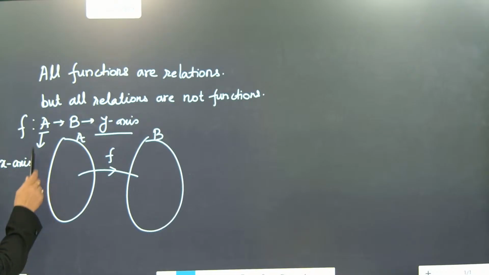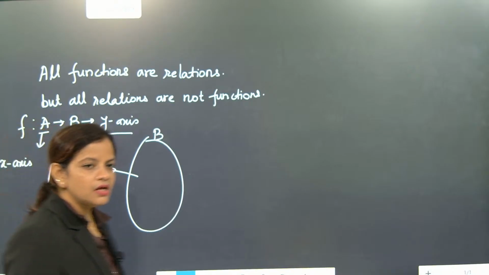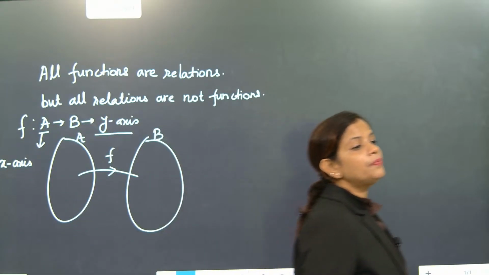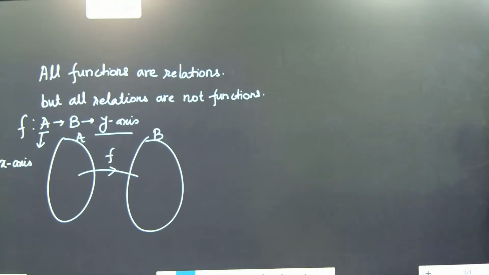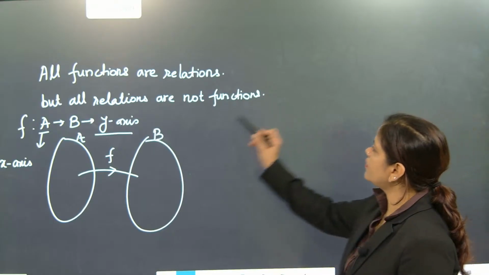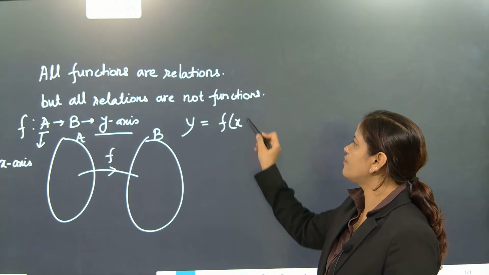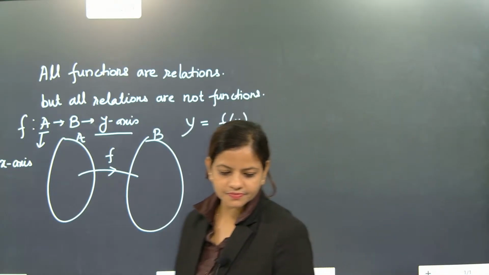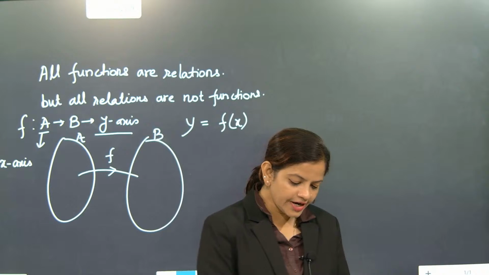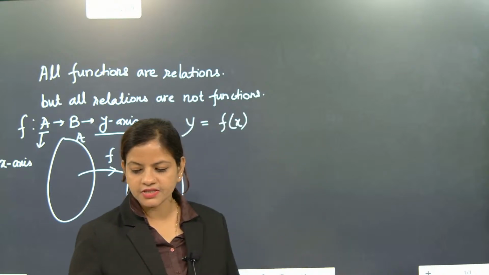Got it? A will be called the domain, x values. B will be called the codomain, y values. So now beta, whenever you are writing a function, you are always writing y is equal to f of x.